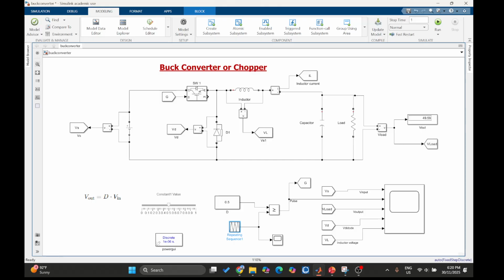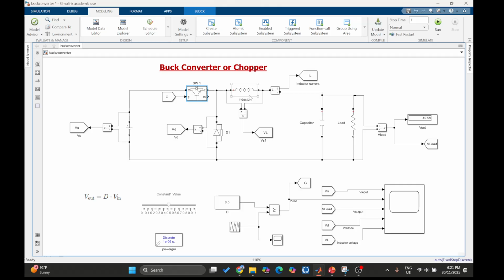Let's say I'm using a MOSFET. When the MOSFET switch is on, it connects the input to the inductor, and the inductor sees the positive voltage, Vin minus Vout.